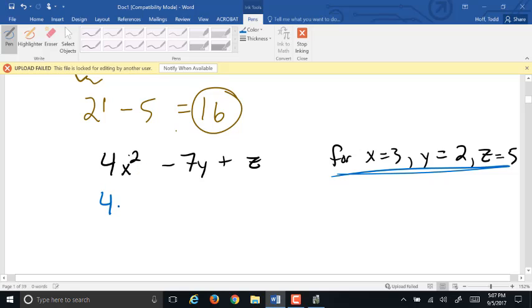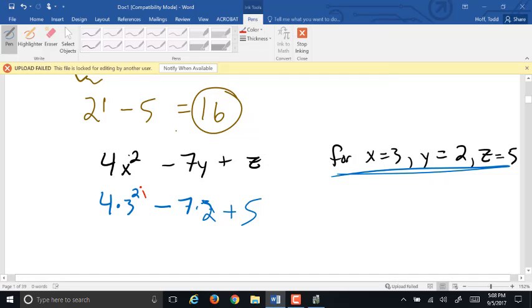So 4x squared becomes 4 times, what does x squared become? 3 squared, right? Minus 7y is going to be 7 times 2, plus z, which is 5.